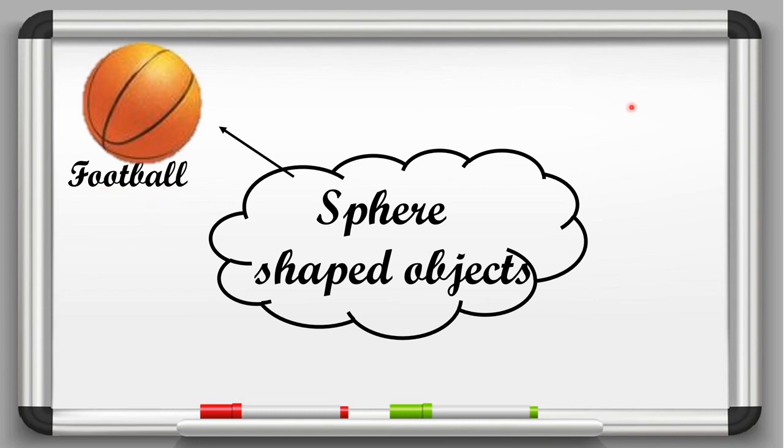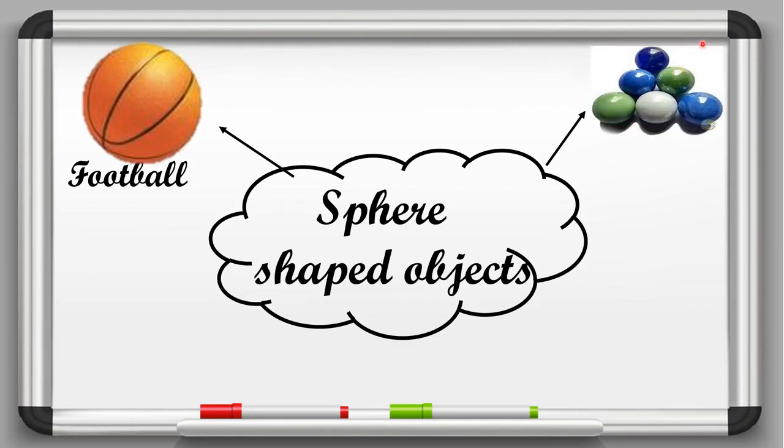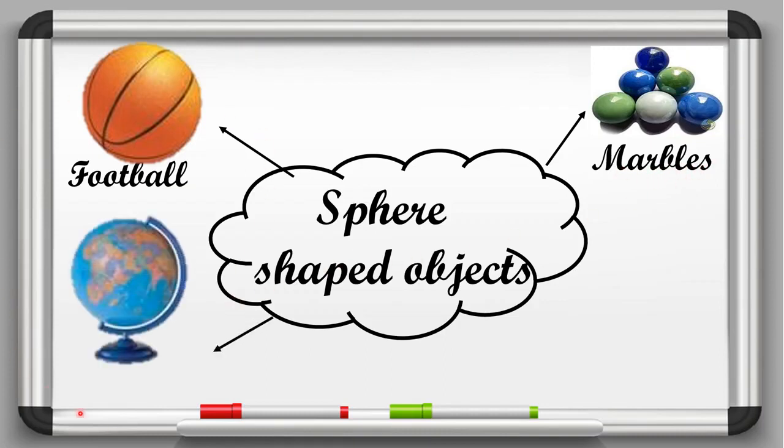Now the second object. Which object is this? Do you know? These are marbles, कंचे जिसे हम हिंदी में बोलते हैं. So here we will write marbles. M-A-R-B-L-E-S. Marbles. Now the third one is, can you tell me which object is this?